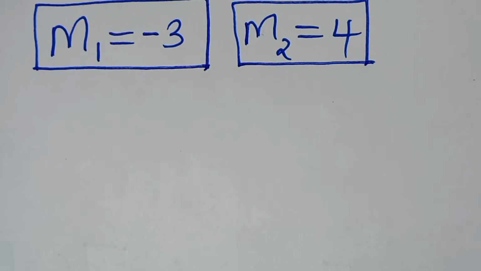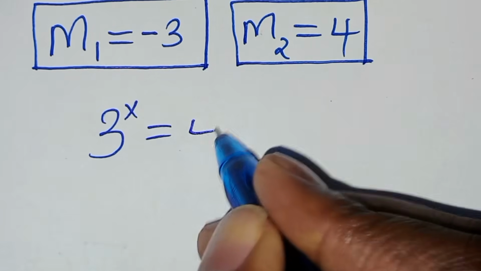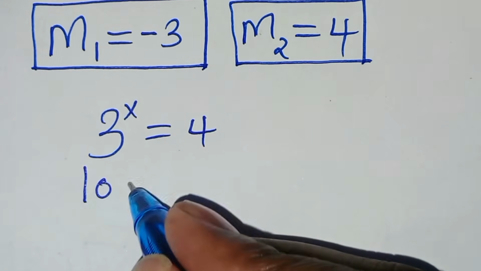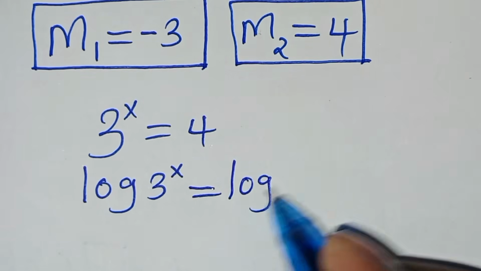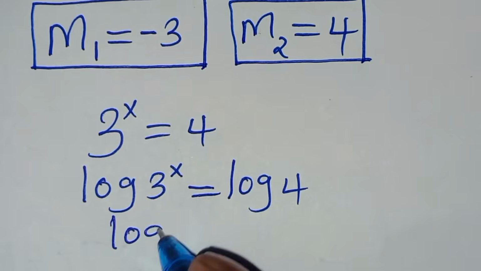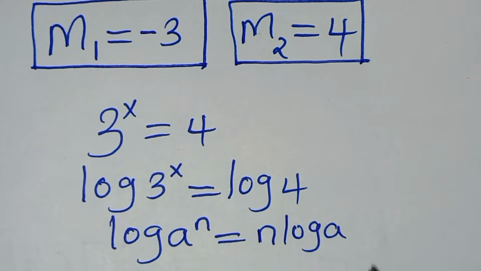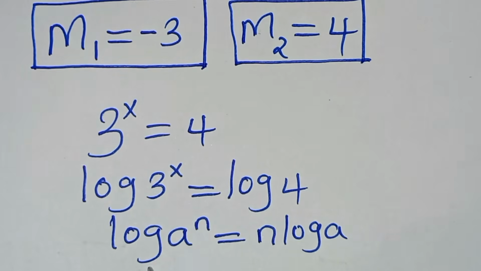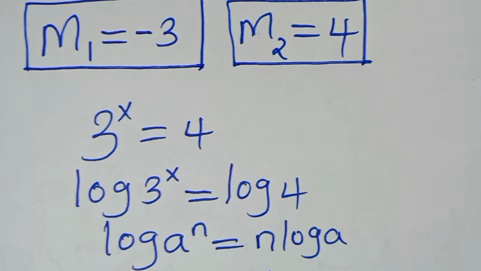Now, since we have m2 equal to 4, then we'll have 3 to power x equal to 4. So to solve for the value of x, we introduce logarithm on both sides. So this is log 3 to power x equal to log 4. Now you find that log 3 to power x is in the form of log a to power n, which you can express as n log a. So applying this power rule property, log 3 to power x becomes x log 3. This is equal to log 4.